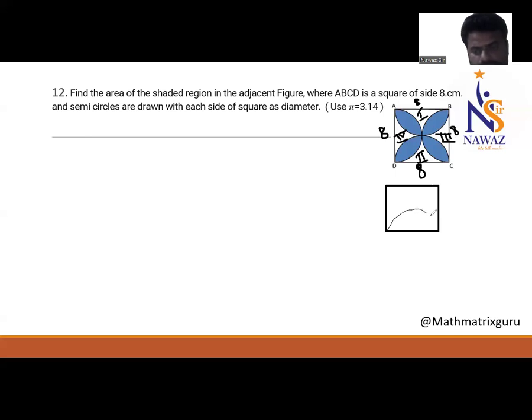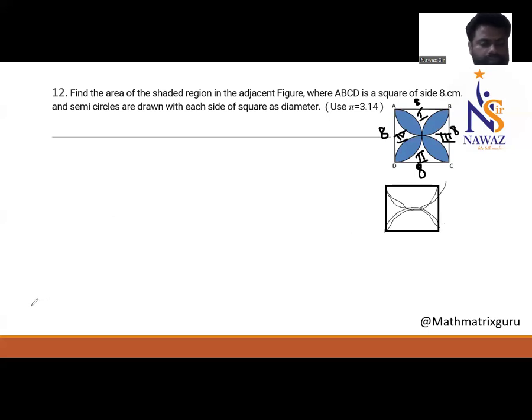Now there are two semicircles initially, like this. That is part 1 and part 2. When I want to find the area of part 1 and part 2, I will be considering these two semicircles.